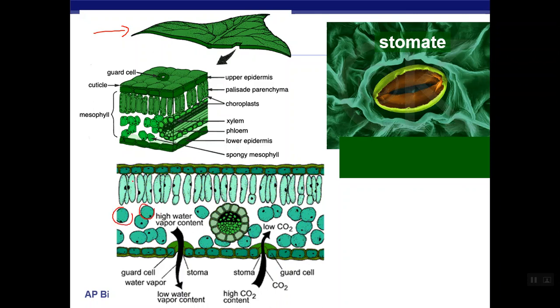This is the spongy mesophyll, the palisade mesophyll. Here's your epidermal layers here. All of these cells that are green, they're green because they have chlorophyll, and that's where photosynthesis happens. Right? Notice that there's a lot of space in the spongy mesophyll so that you have diffusion of gas. And notice that you have stomata on the lower edge of the leaf to allow for gas exchange, and they open and close. Gas can come in and can go back out.